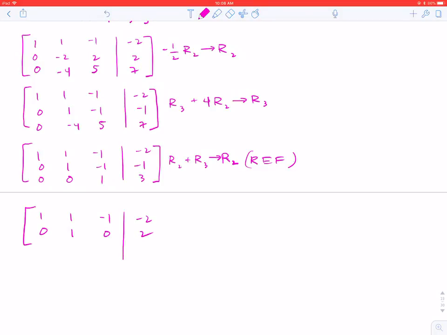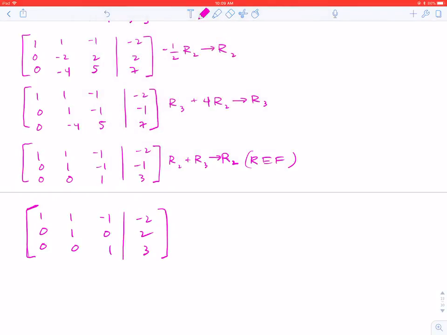Negative 1 plus 3 will be 2. Okay, so right now I can actually see what y and z are equal to. y is equal to 2, z is equal to 3. We're almost there.